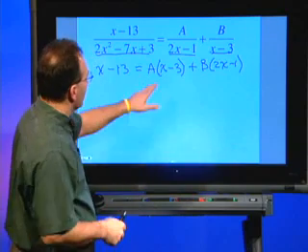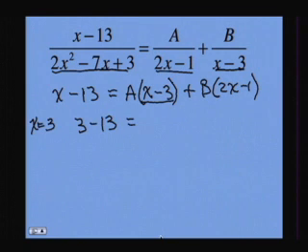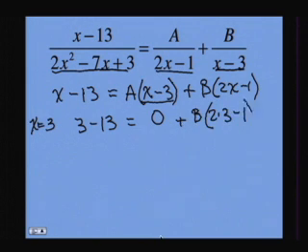For example, if we set x equal to 3, notice that what will happen here is that we get 0 times a, which eliminates the a. So set x equal to 3, and we get 3 minus 13 equals 0 plus b times 2 times 3 minus 1.